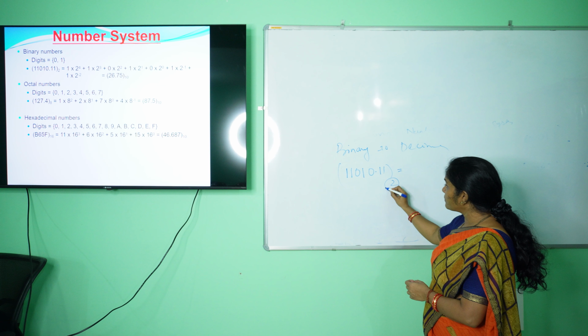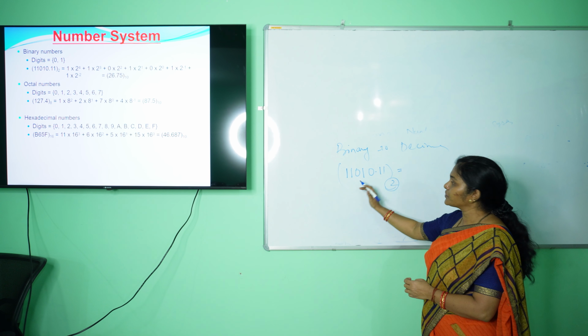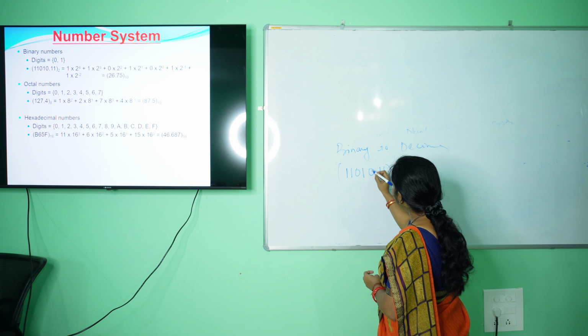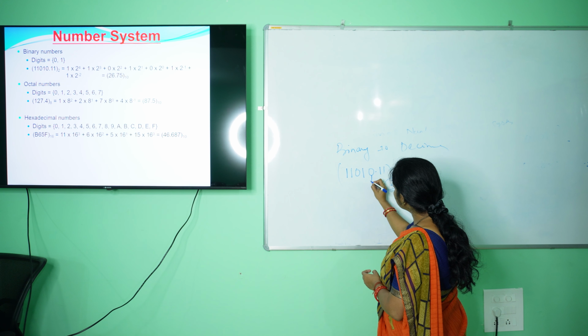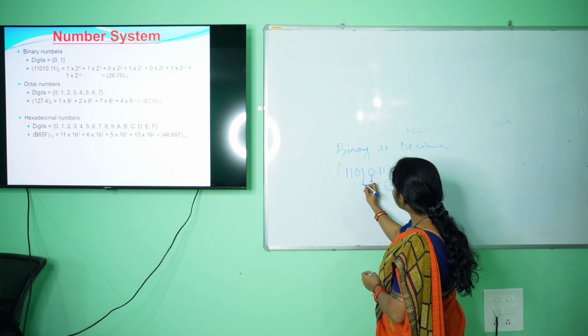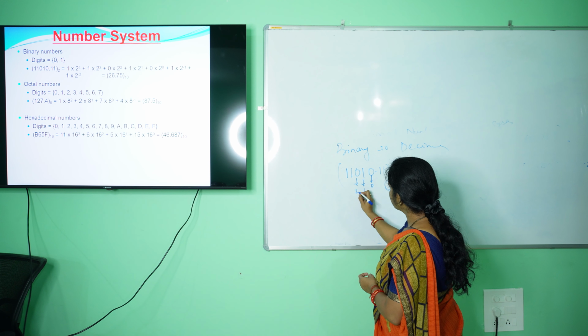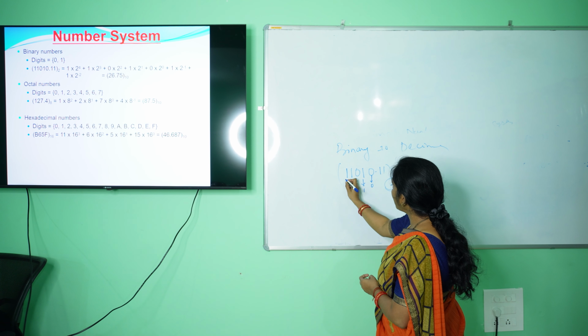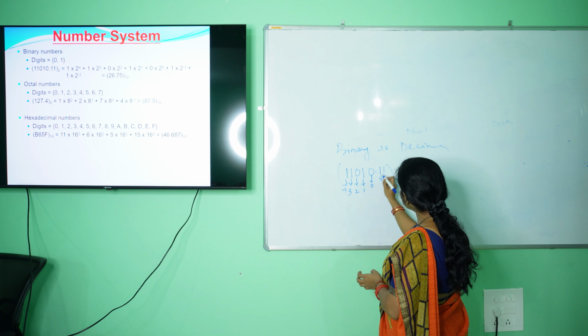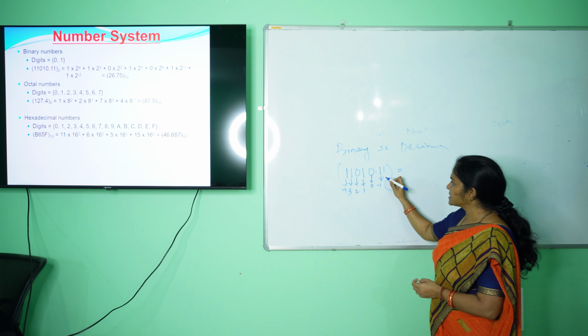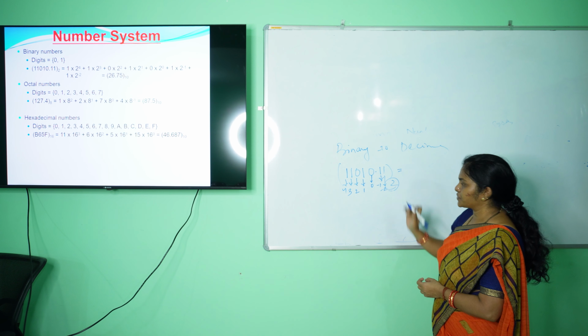Whatever the base is, we need to multiply with its place value. Before the decimal point, positions are treated as 0, 1, 2, 3 and 4. After the decimal point, they are treated as -1 and -2.